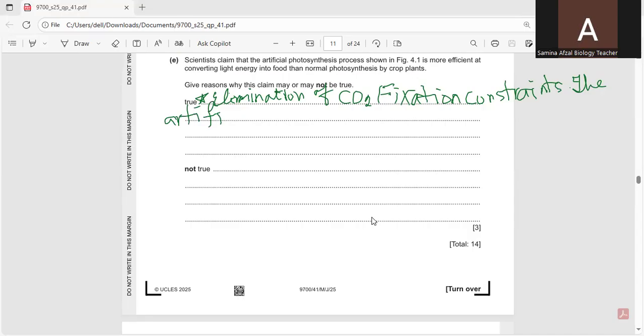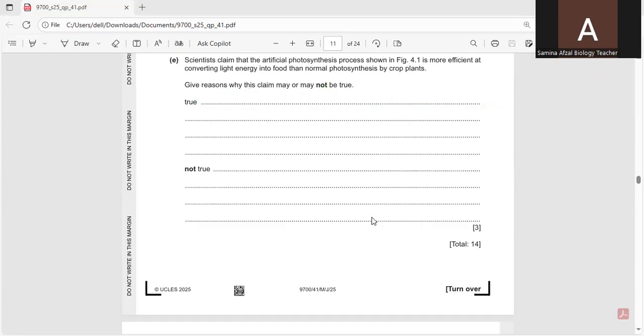I think I should start directly, because I have very little space as I am writing on my laptop screen.